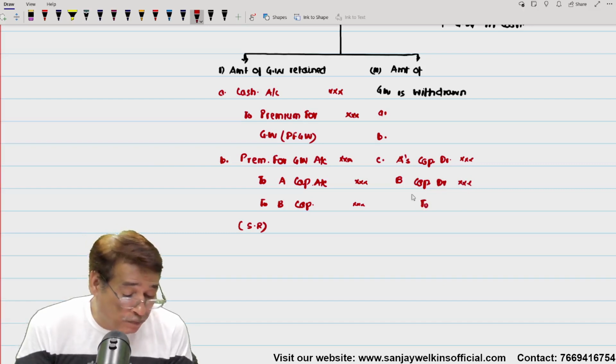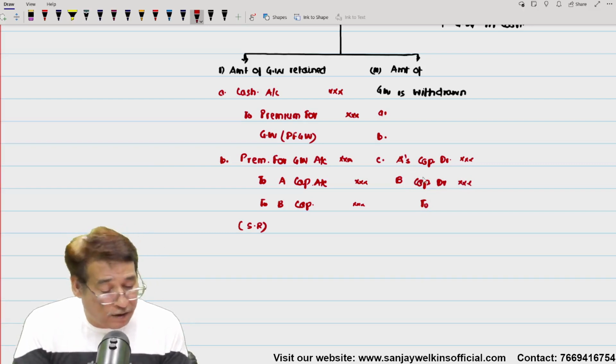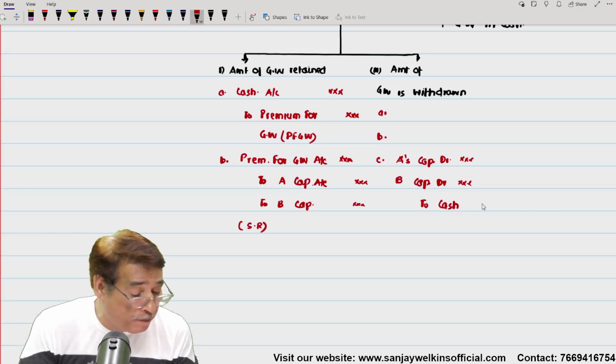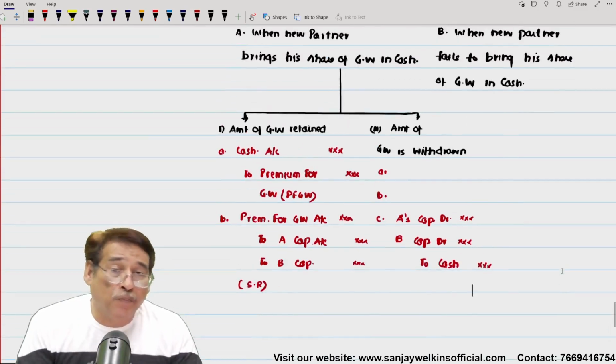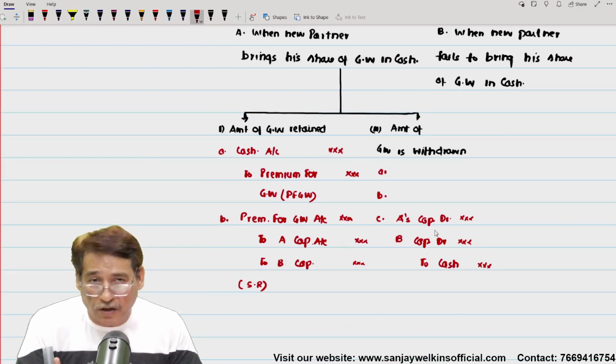The cash which the new partner brought in, the old partners have now withdrawn, so we write here to cash. That is why, besides those two entries, we pass this entry. Is it clear to you or not?